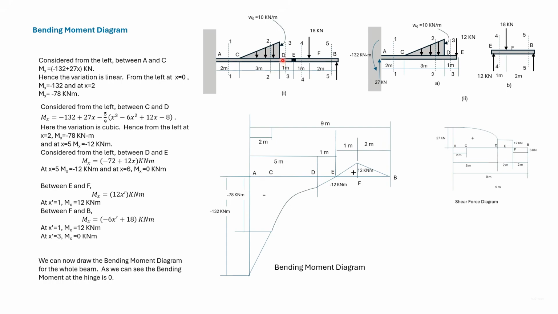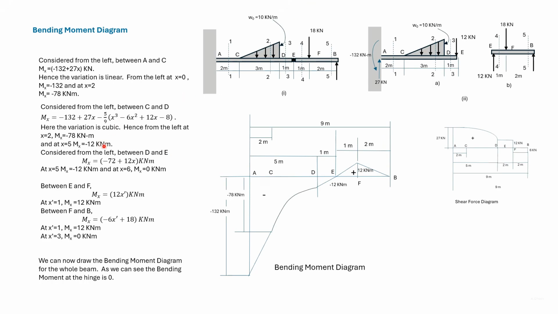We now look at the bending moment between D and E, and it was given using this equation. At D, the bending moment was found as -12, and at E, the bending moment was found as 0.